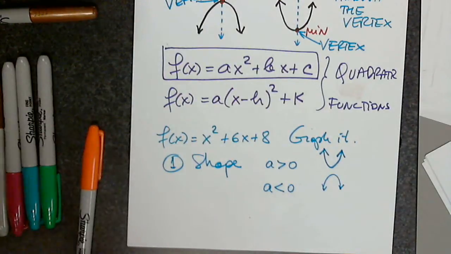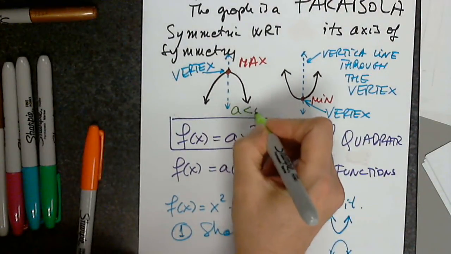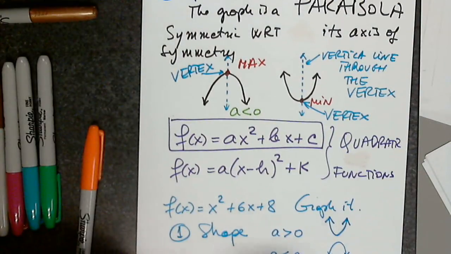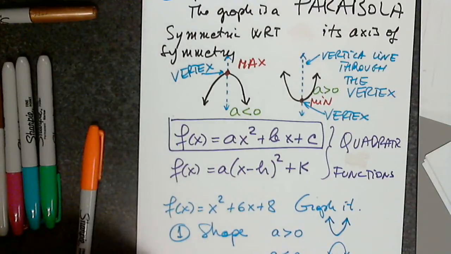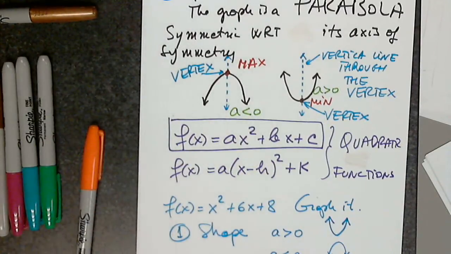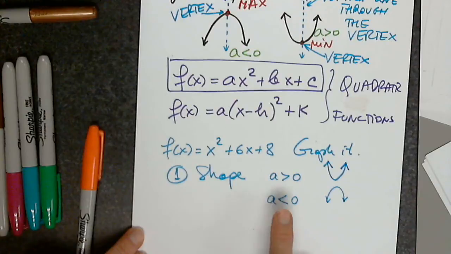So coming back to my graphs here, this is definitely a negative leading coefficient, and this is definitely a positive leading coefficient. So when the parabola has a minimum, the leading coefficient is positive, and when it has a maximum, the leading coefficient is negative.